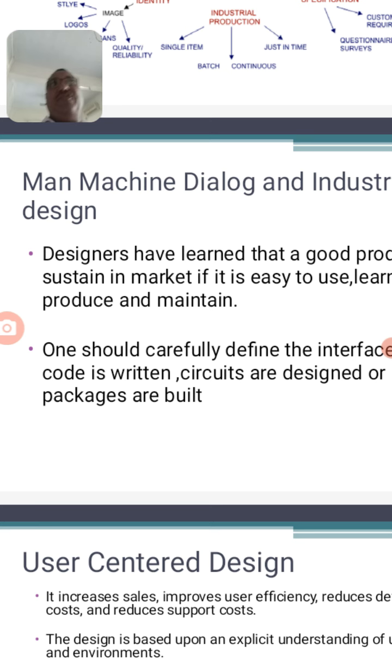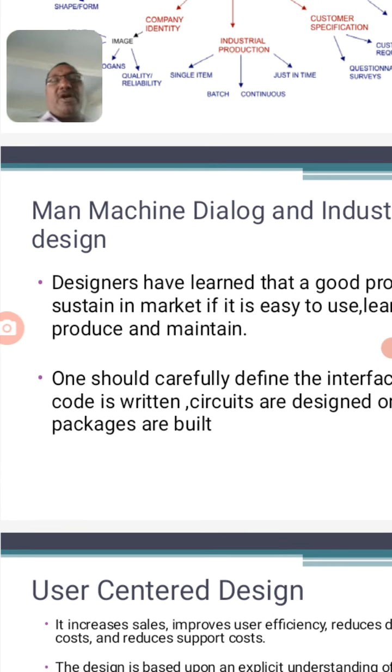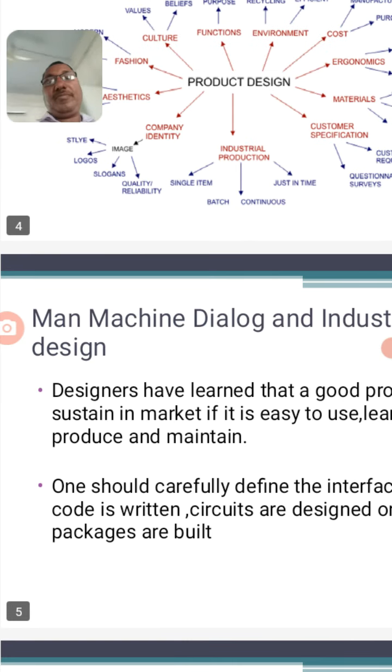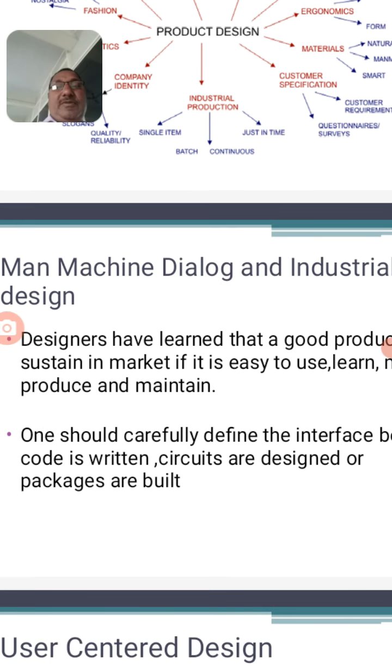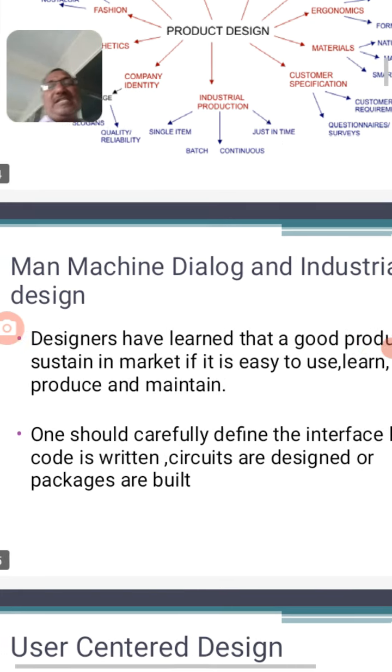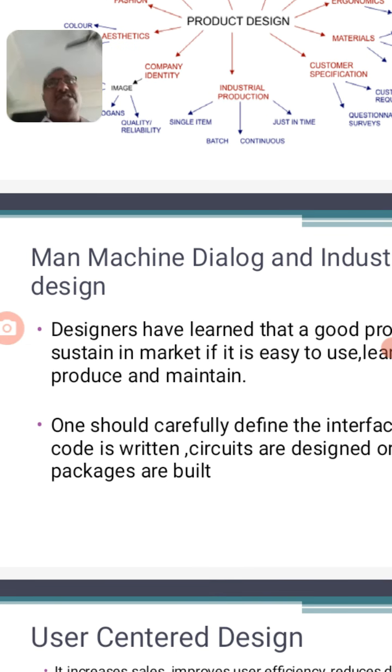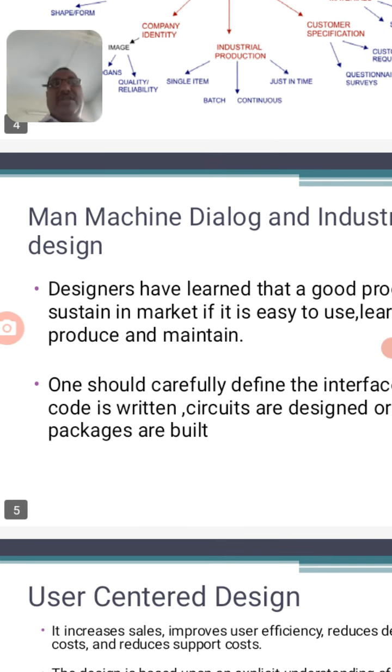Product should be cost effective, product should be durable, it is easy to use, the maintenance should be less and like that. So man and machine dialogue is a very important point here.